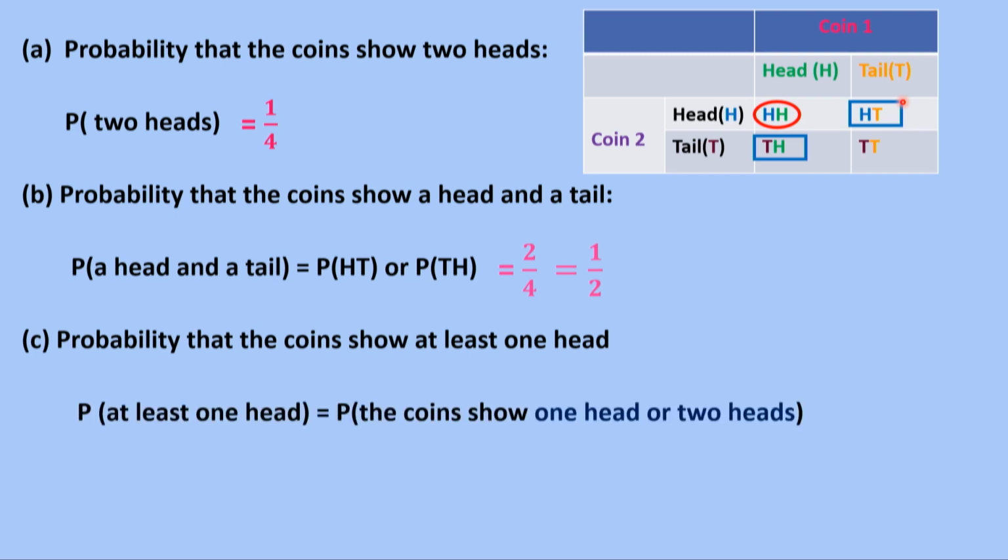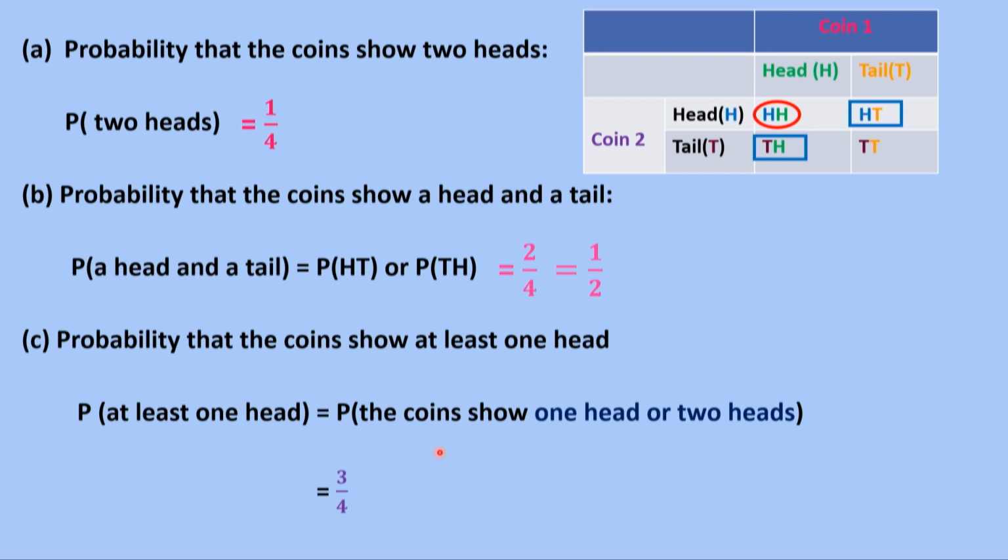So probability of getting at least one head means probability the coins show one head or 2 heads. One head can be head, tail, or tail, head. We have just calculated it in part B. And 2 heads we have calculated in part A. So 2/4 plus 1/4, which is 3/4.